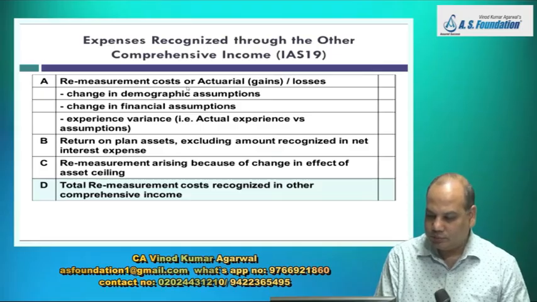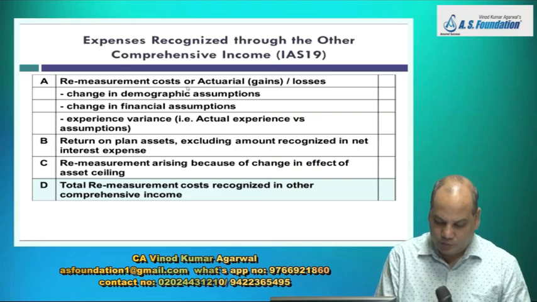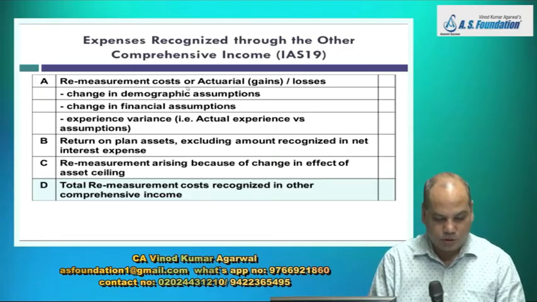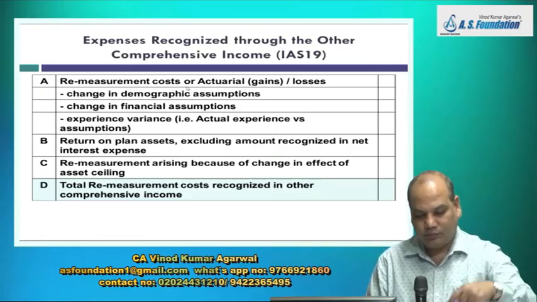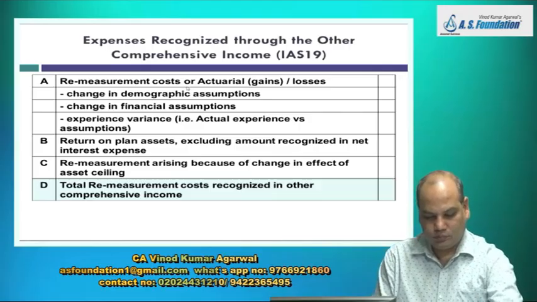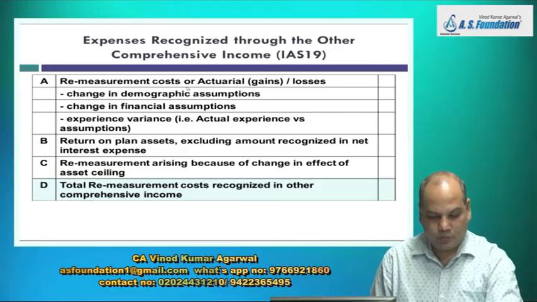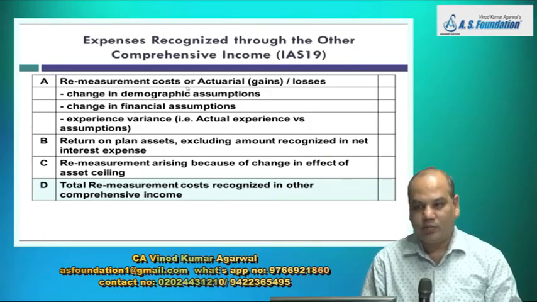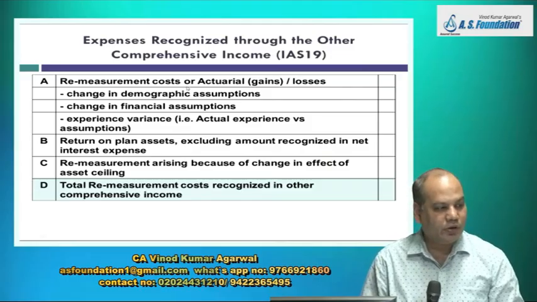Point C, write down remeasurement arising because of change in effect of asset ceiling. Okay, and this will give you total remeasurement cost recognized in OCI.